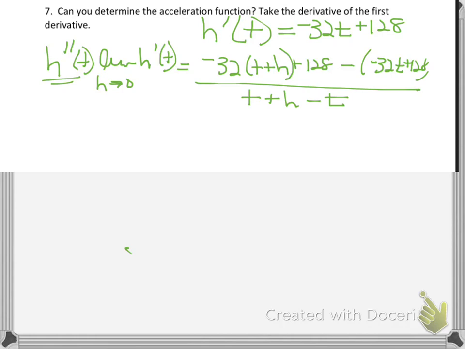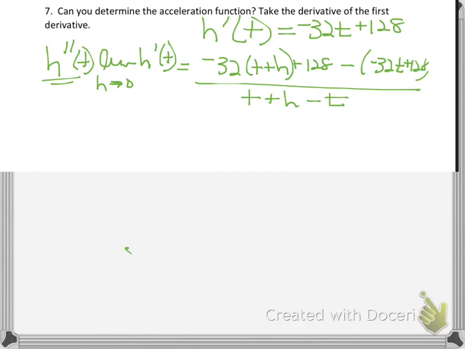Using limits, I'm going to take the limit as h goes to 0, not of h of t at this point, but of h prime of t, because I'm taking the derivative of the velocity. We'll use the same procedure. I'm going to add h to the first part, and then subtract away the original function, all over t plus h minus t. Remember, you're just trying to get the generic slope equation.